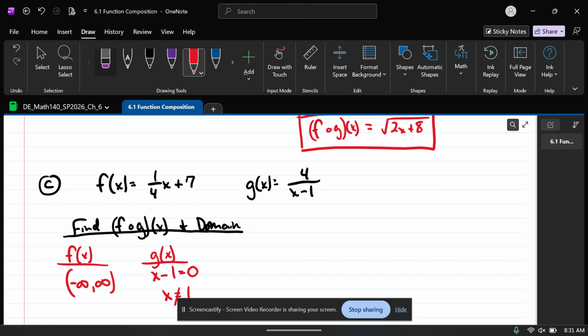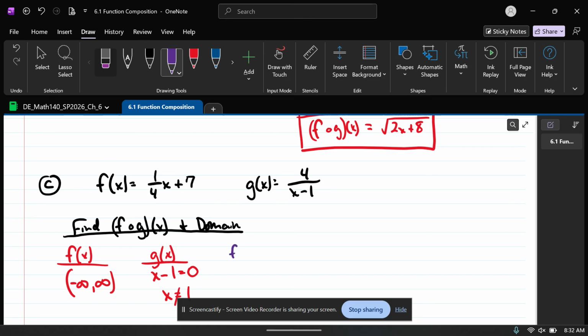Okay? So the second function has restrictions, but the first one does not. On this one, I don't have to do that third step, because this first function in my composite statement doesn't have any restrictions. The only restriction for the composition is this one. If the second function has restrictions, it automatically is in the domain of the composite function.